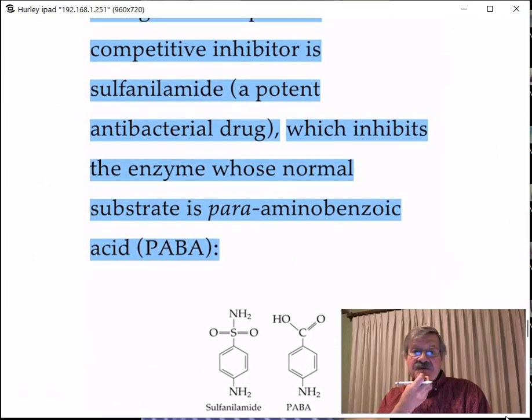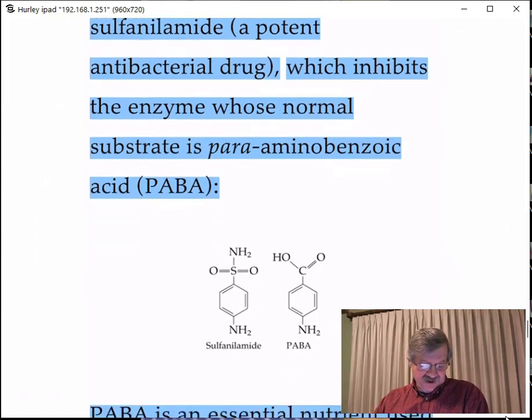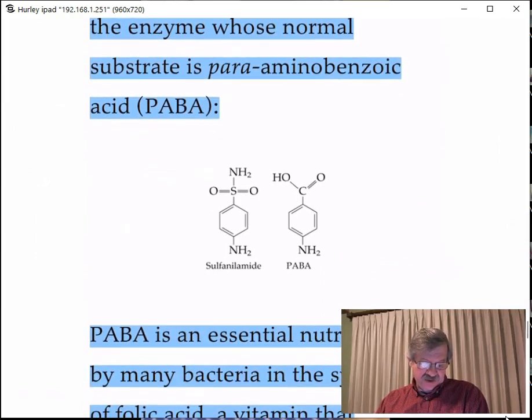Basically, the drug sulfanilamide will inhibit an enzyme whose normal substrate is PABA, para-aminobenzoic acid. If we go down here and look at the two, you notice they both have that ring structure with the amino group at the bottom of it. So they're going to have similar structures.